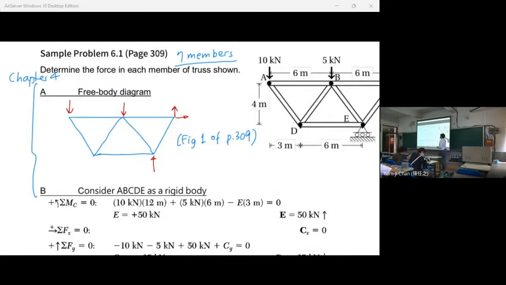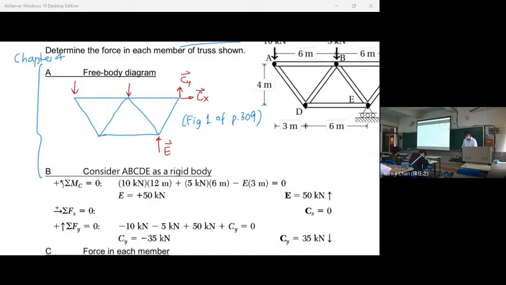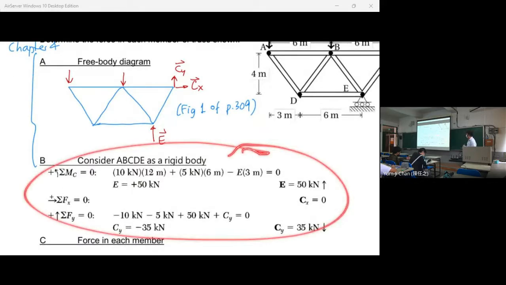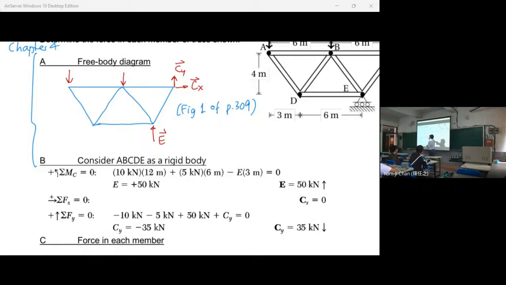We first work on the whole truss as a rigid body, and here we have Cx and Cy and E forces. These are support forces. After we draw the free body diagram, we consider A, B, C, D, E as a rigid body, and we have these equations: summation M equal to 0, summation Fx equal to 0, and summation Fy equal to 0.